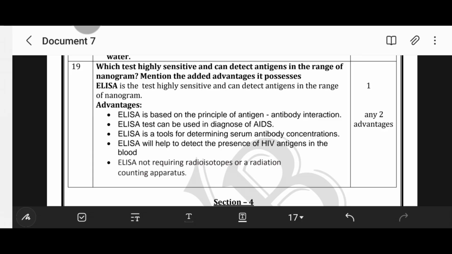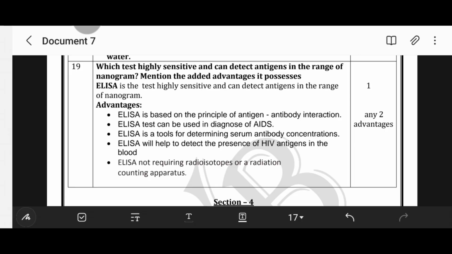ELISA does not require radioisotopes or radiation counting parts. We expect that the government answer key will add some common advantages. Many students expect those particular answers.